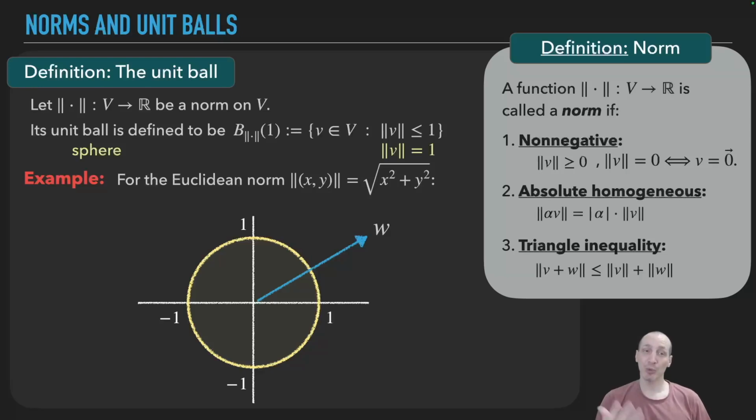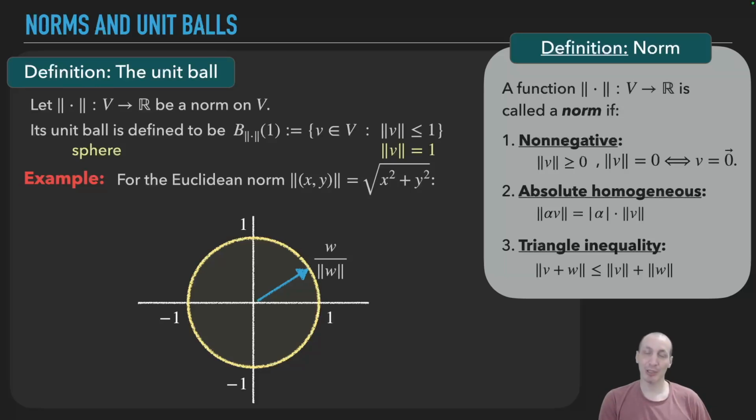Then what I'm going to do is shrink this vector and stop exactly when I hit the unit sphere. Because I can find the scalar that gets me to the unit sphere, and the guess is that this scalar should be 1 over the norm of w, then I can find the norm of w. Now take it as an exercise and show that all of this is true. But again, if I have the unit ball, then I can also go back and find the norm itself. Okay, so this is the example.